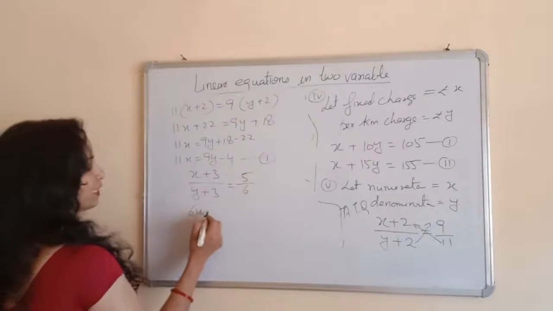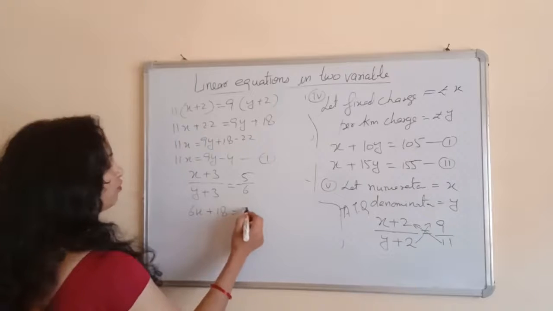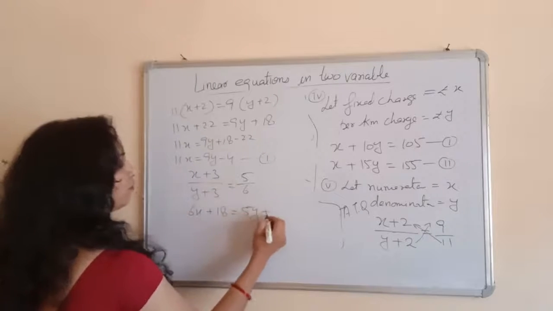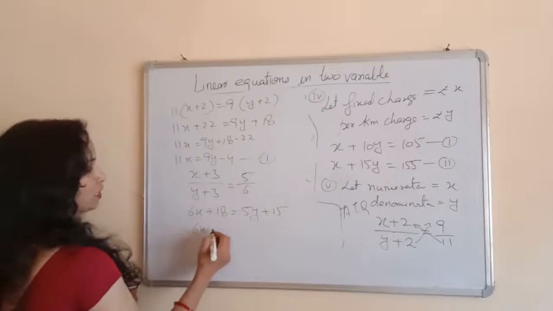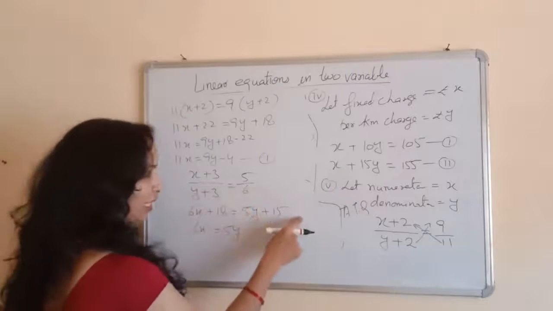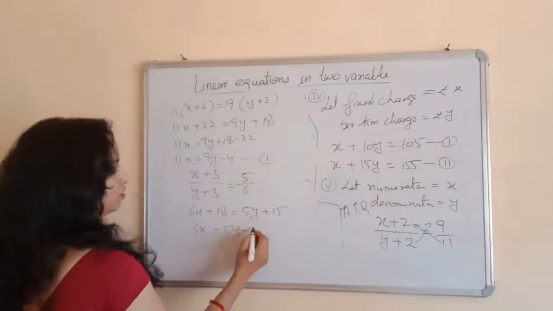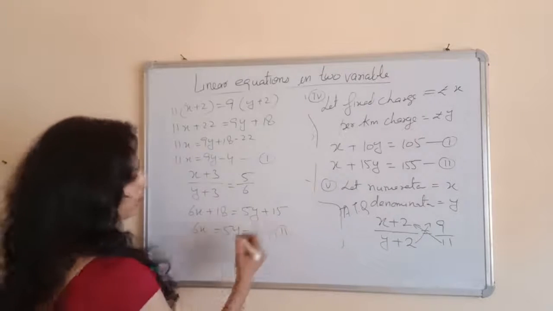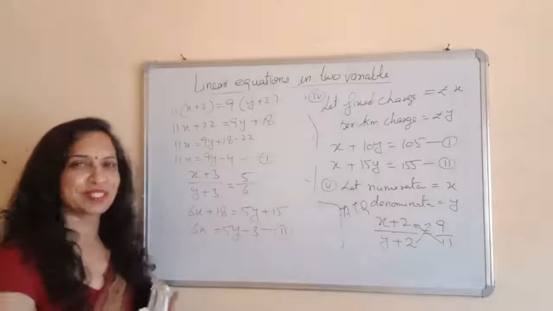So it will be 6x plus 18 is equal to 5y plus 15. When this 18 goes to the RHS, its sign will be changed, so 6x is equal to 5y minus 3. This is equation second.